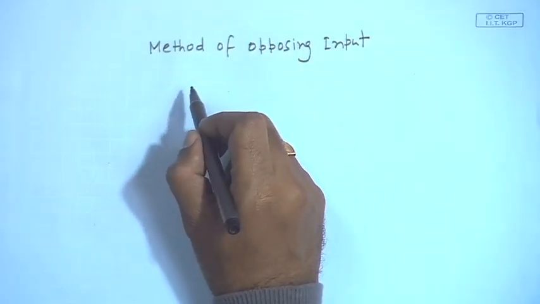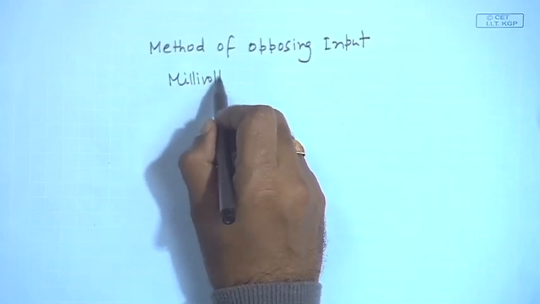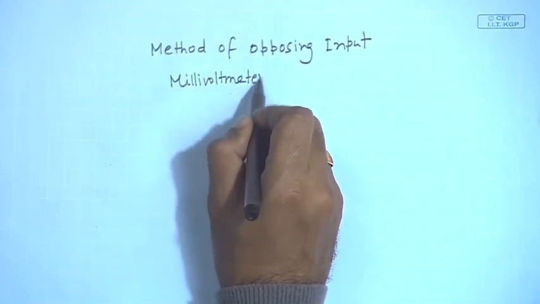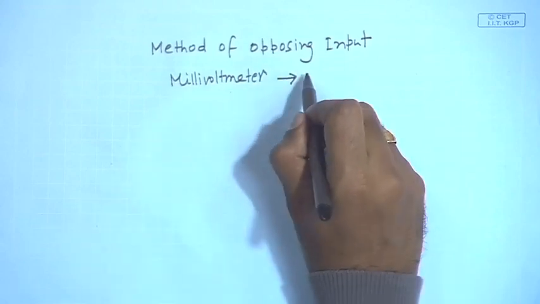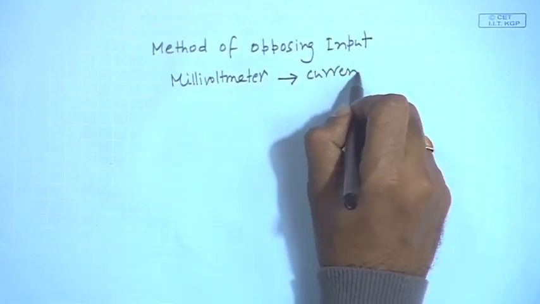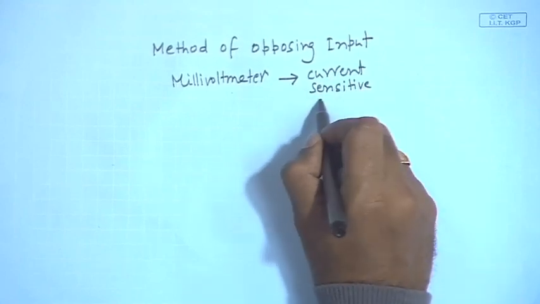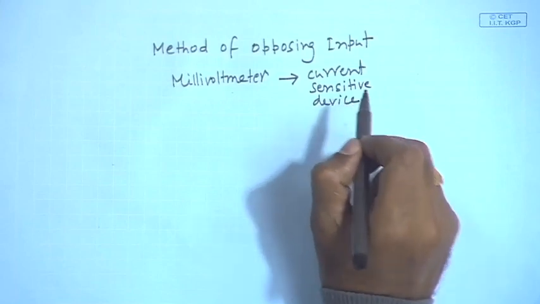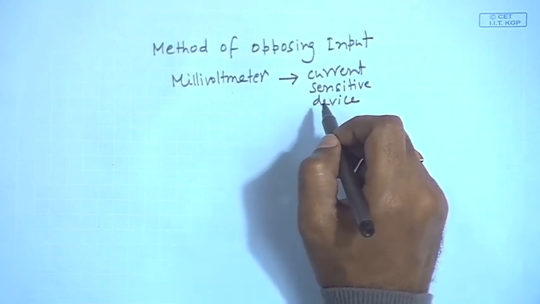We know millivoltmeter is essentially a current sensitive device. But the scale of a millivoltmeter can also be calibrated in volts, because volt and current are related.